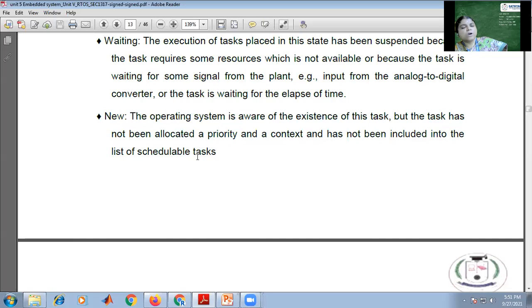Like, say I want to conduct one examination for you. That is the first idea that comes to my mind. When I want to conduct an examination for you, what should be done? First, I have to fix the time. I have to fix the date. Then I have to set the question paper.